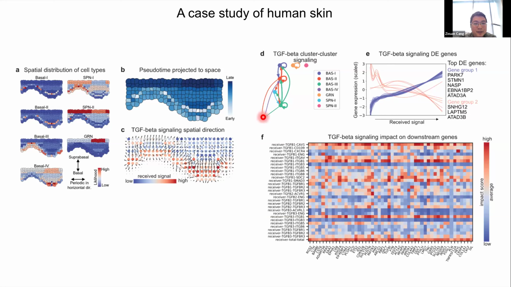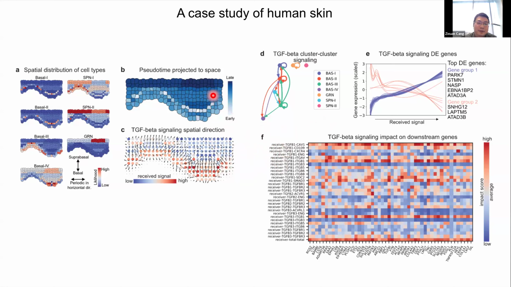In this case study, we used this approach and identified a bunch of genes that are likely related to the TGF-beta signaling that we, in the first place, inferred to be highly correlated to the spatial temporal development of human skin in this particular data set.